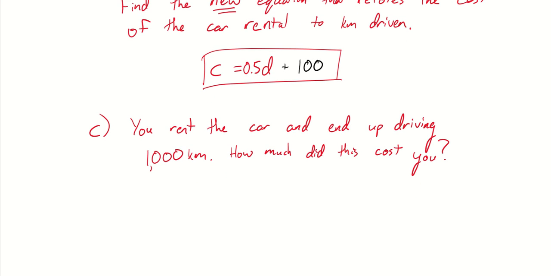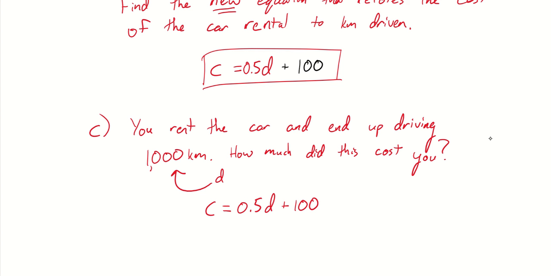So luckily, we have a really, really nice equation that relates how much you drive to the cost of the rental. We know that we ended up driving 1,000 kilometers, so that's our D value.